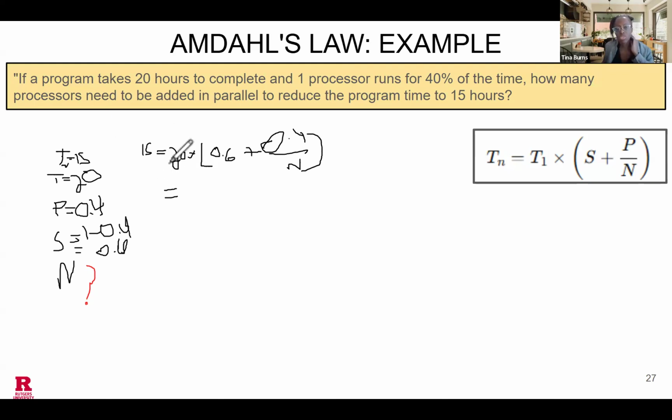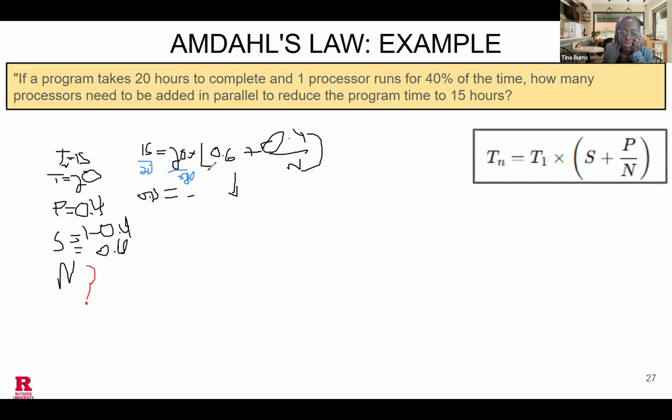So I'm going to do some quick conversion over here. If I divide both sides by 20 to get rid of that, then I know that 0.75 over here is now going to be equal to the rest of this.